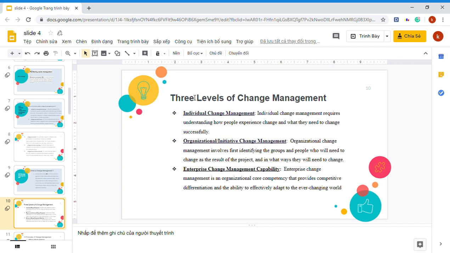Next, three levels of change management.